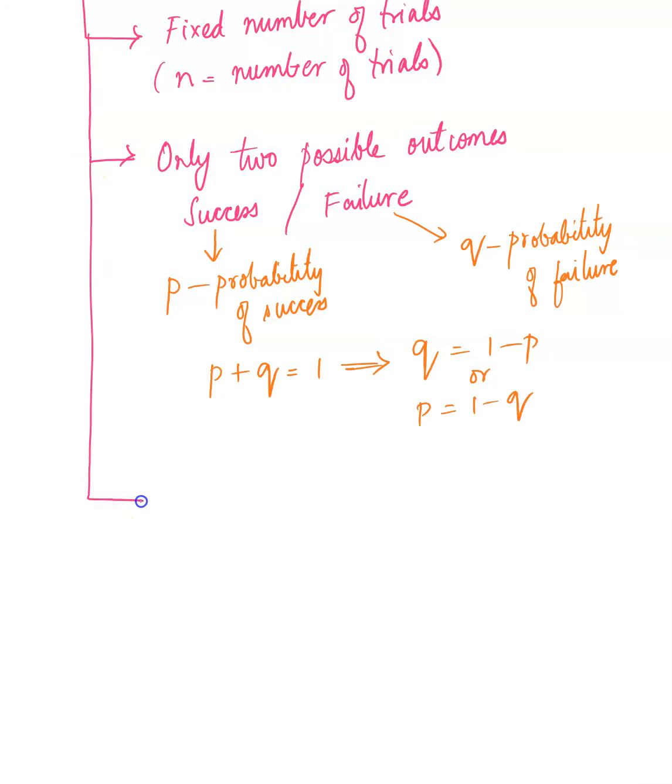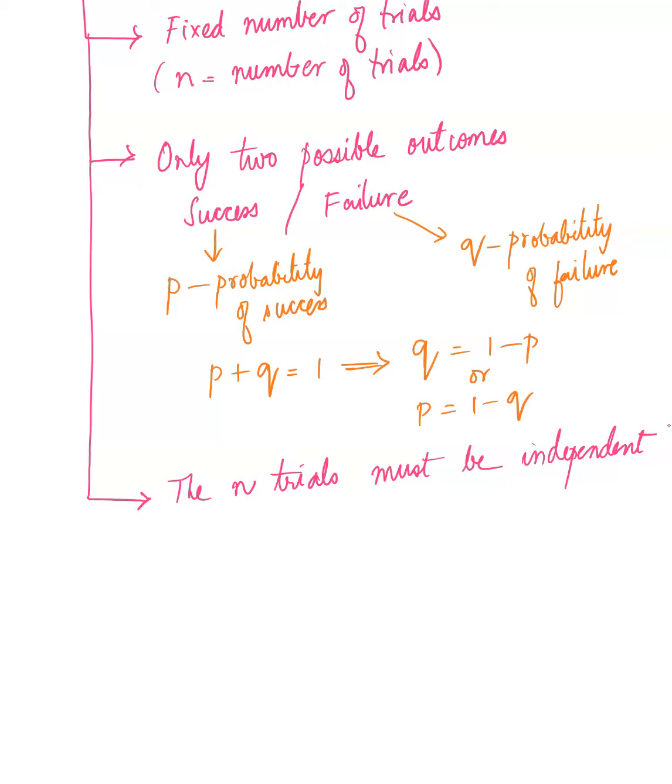And then we say, well, these trials must be independent, right? The n trials must be independent. And again, recall what independent means. There must be independent events. That means the probability of one trial should not affect the outcome of another trial, right?